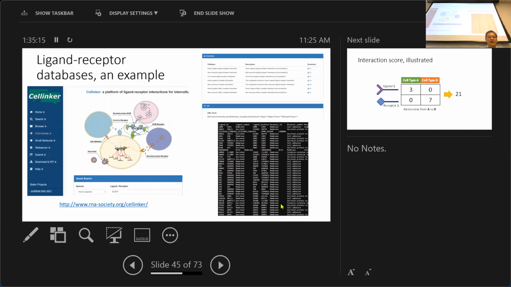So this is an example of a ligand receptor database. There are many of them, and this is one of these. It's called CellLinker. You can download some of the text files, and in these text files you see these columns. This is the donor, the ligand gene, right? What I can see is ADM2 and secreted.